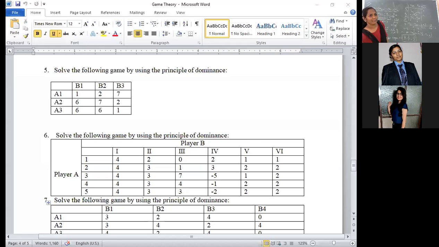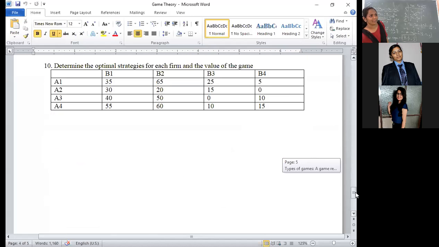Right now, before applying trial and error method, everybody go through the 10th problem and try to solve.